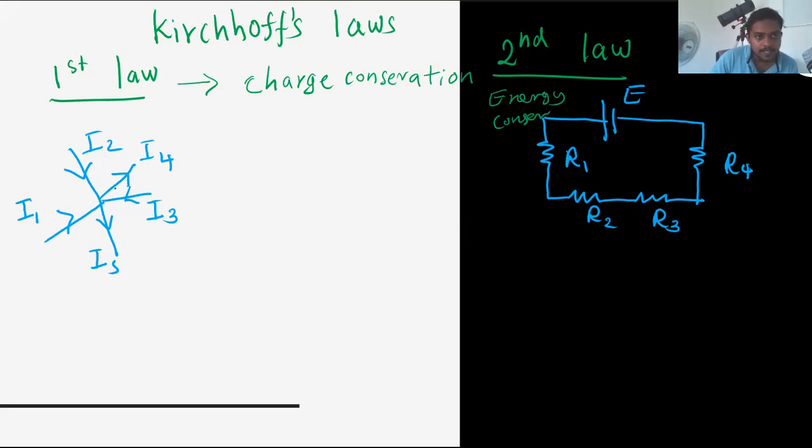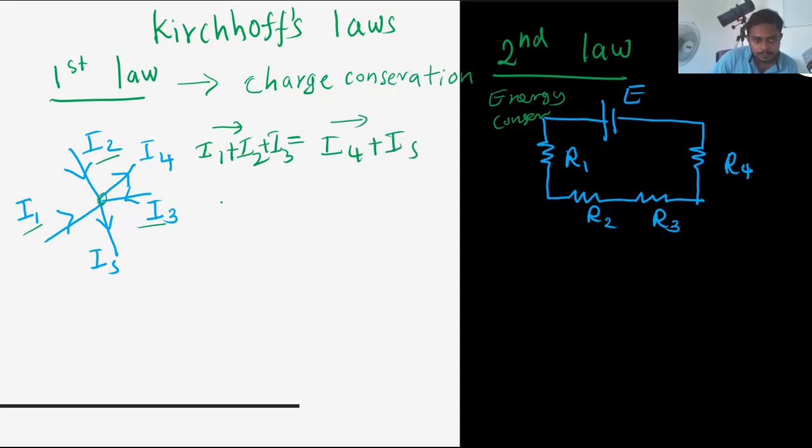The first law says that for a junction of a circuit, incoming currents are equal to outgoing currents. Incoming current means here I1, I2, I3. We can say outgoing currents are I4 and I5.